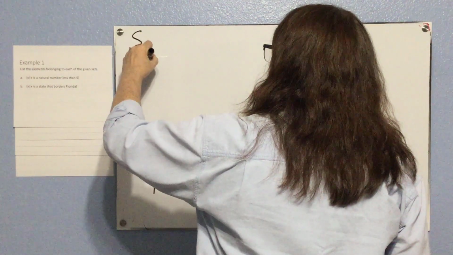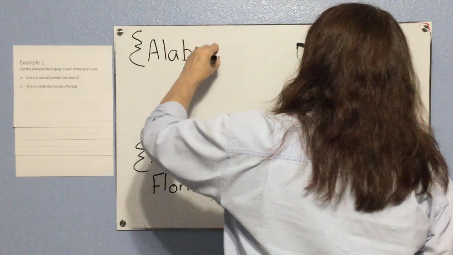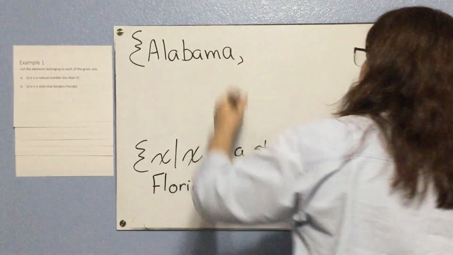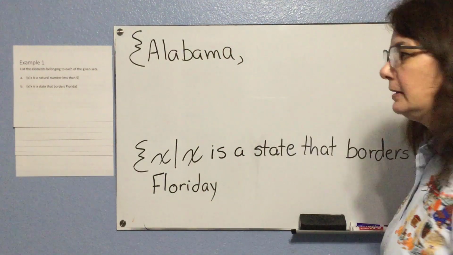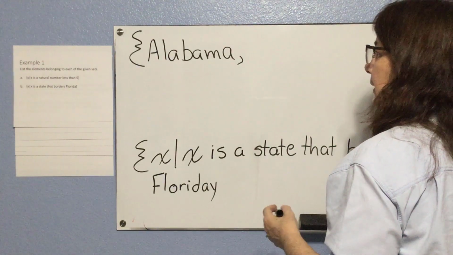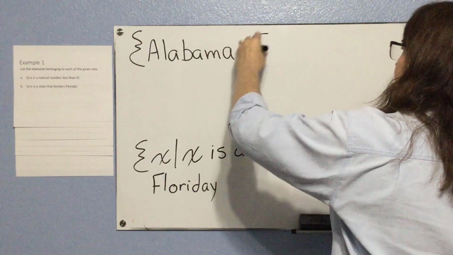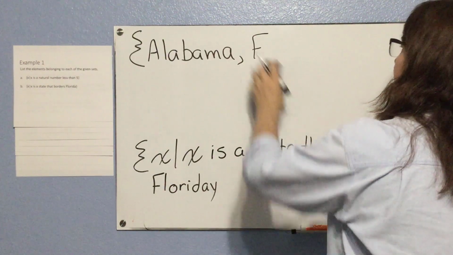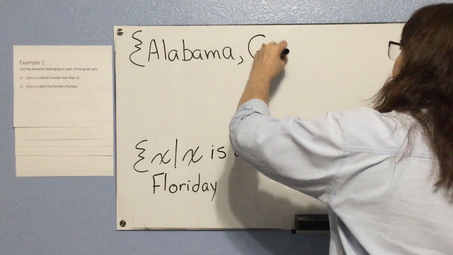We could write, starting from the west, Alabama goes around the end of the panhandle there and up across part of the panhandle, and then right next to Alabama is, well, not Florida, Georgia.